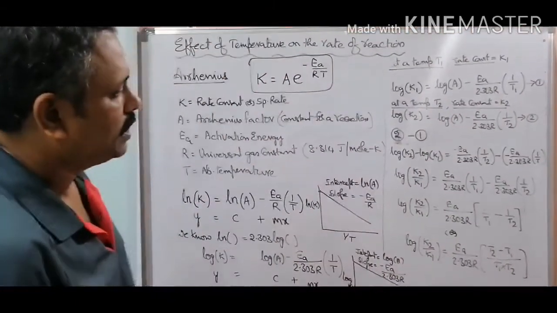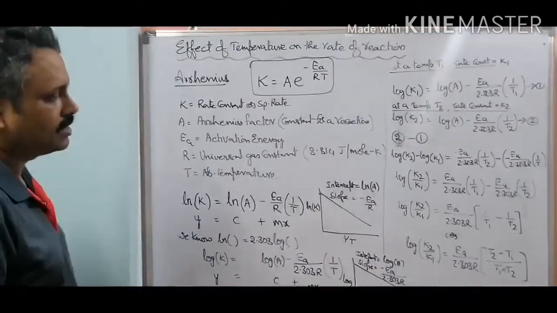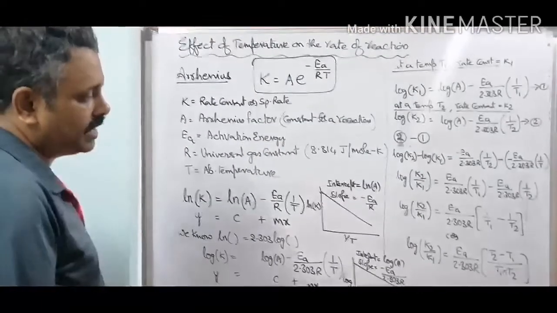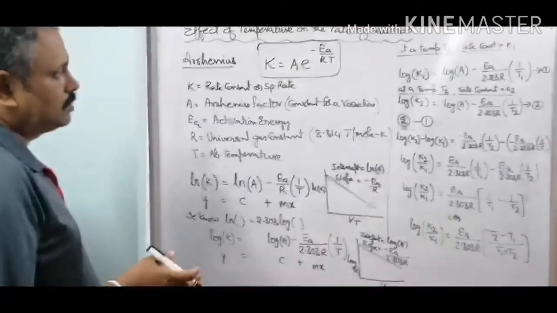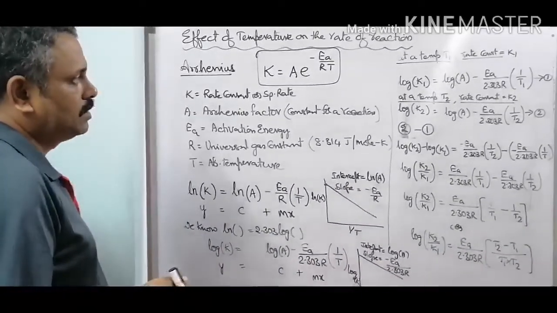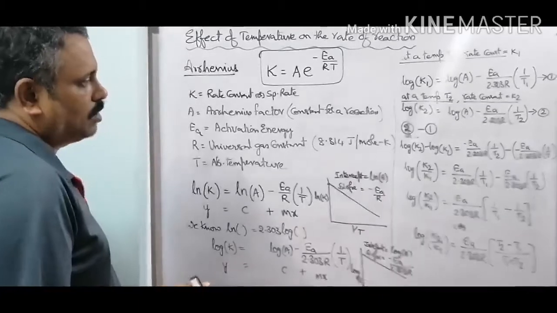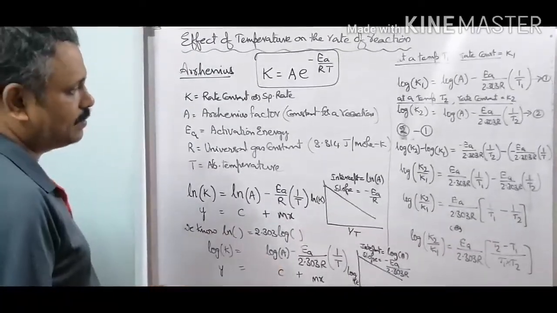So this is how the rate constant K can be calculated at two different temperatures. If one of them is given, the other unknown can be calculated by knowing the temperature values. So this is about the effect of temperature on the rate of a reaction. Some more kinetic energy concepts are also there with variations of temperature. We will deal with it in a separate video.